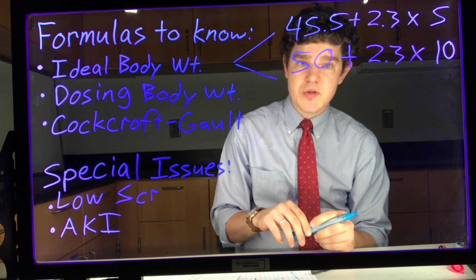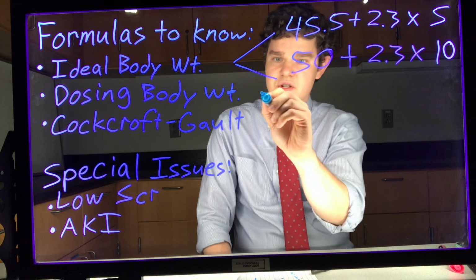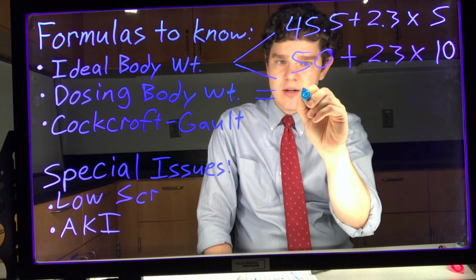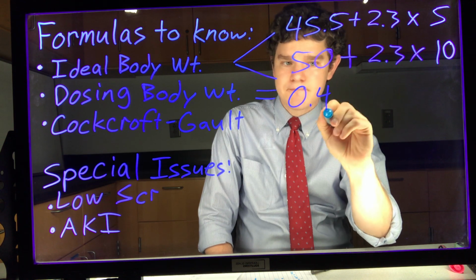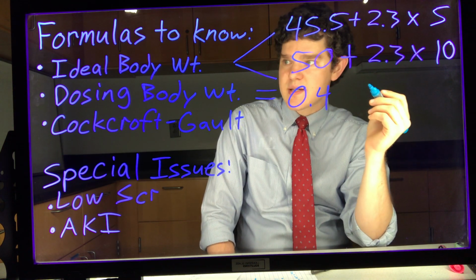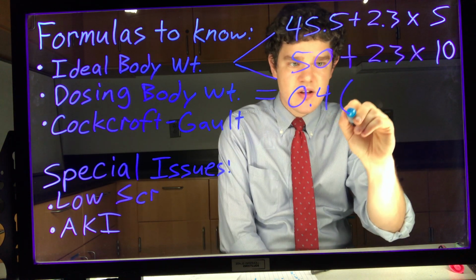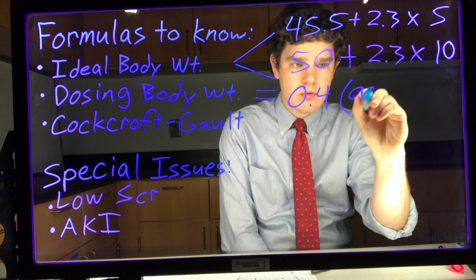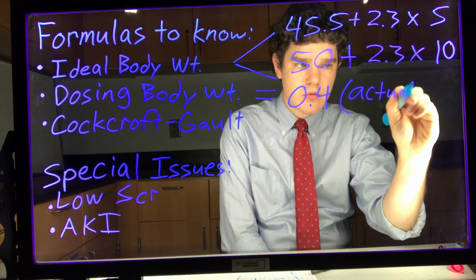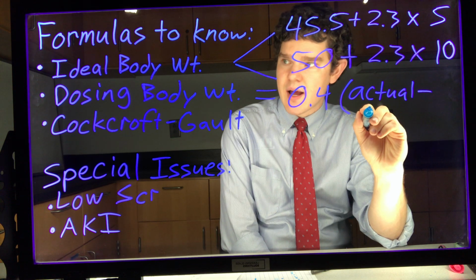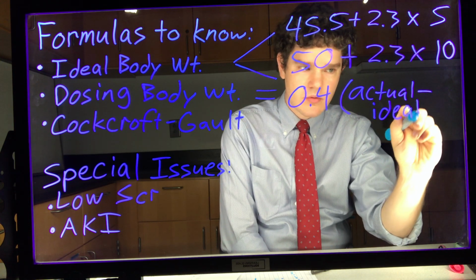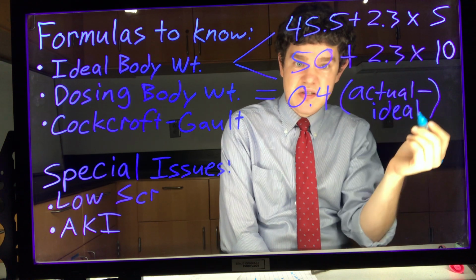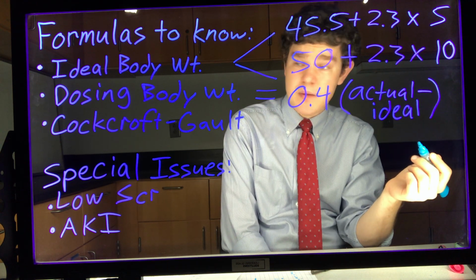To calculate my dosing body weight, this is just going to be a formula where I'm going to take 0.4 and multiply that by the difference of my actual minus my ideal. And mind you, this is going to be in kilograms.